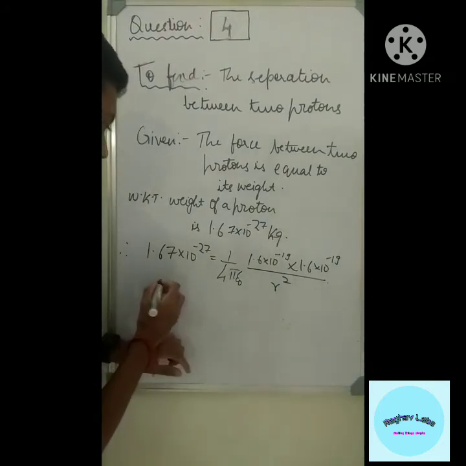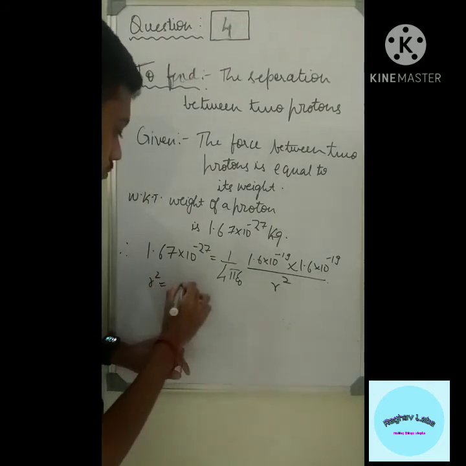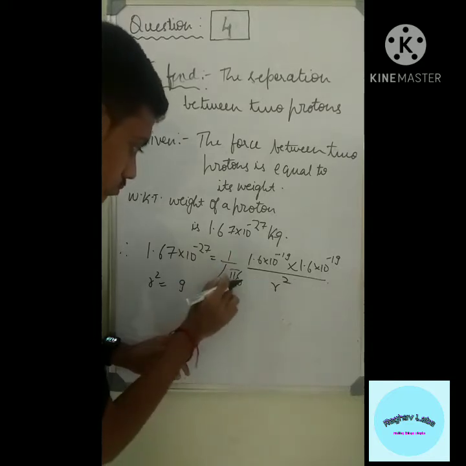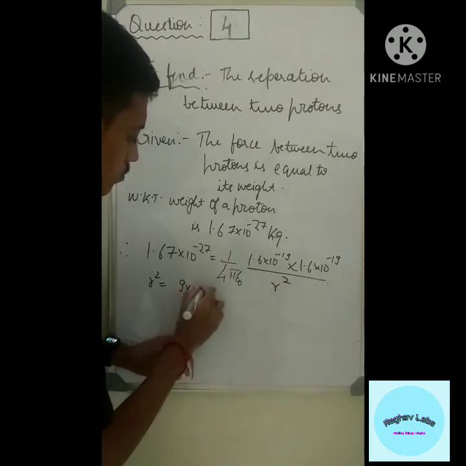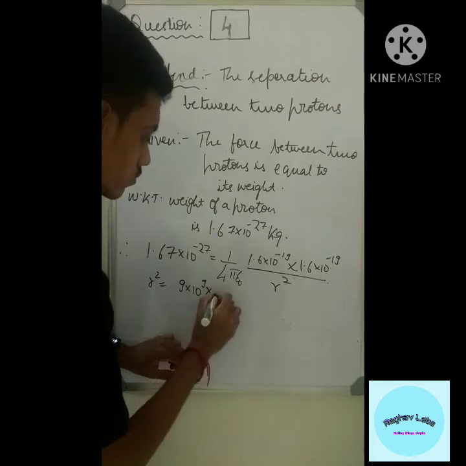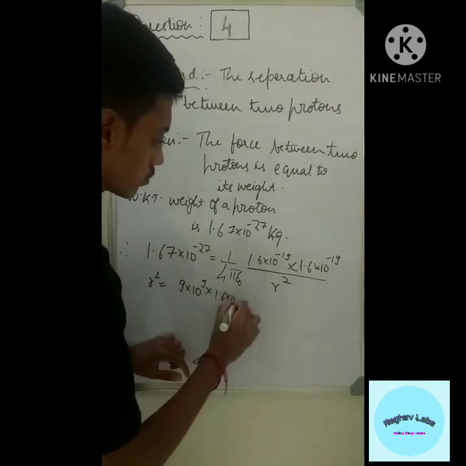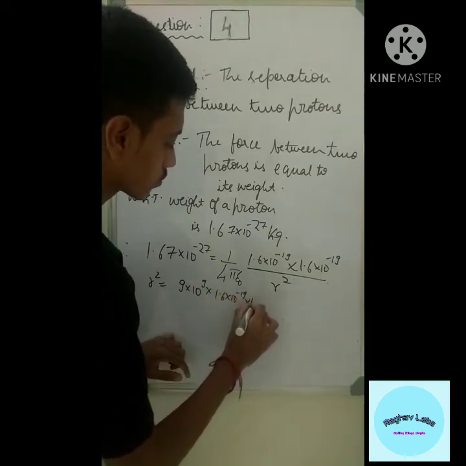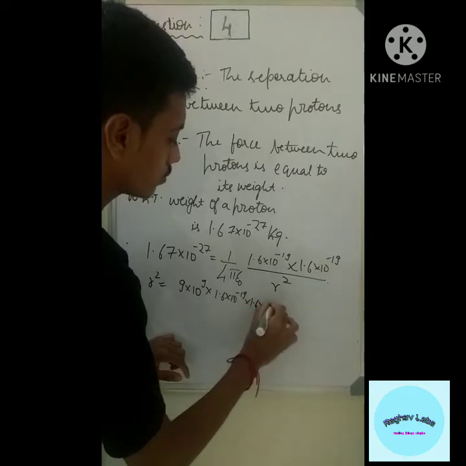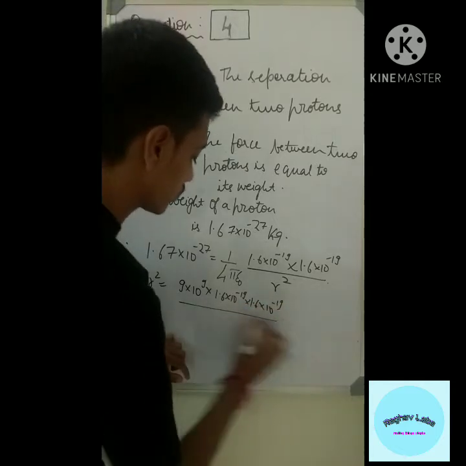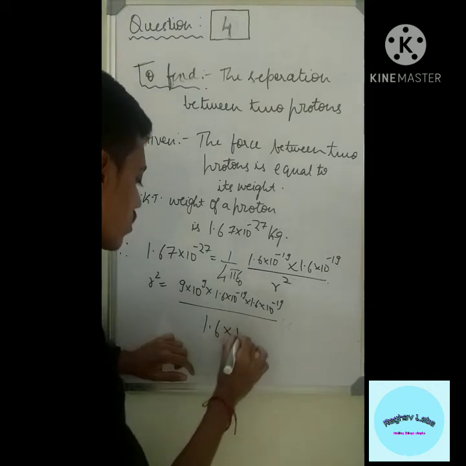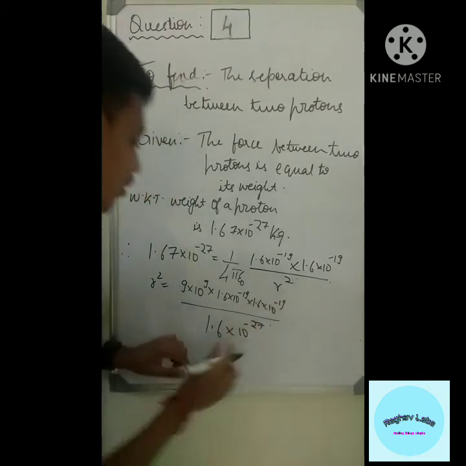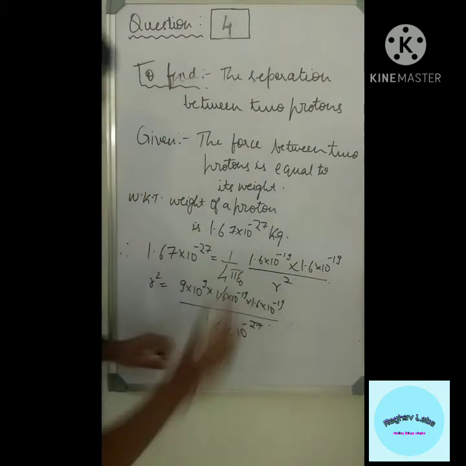So we have r square is equal to 9 into 10 to the power of 9, the value of 1 by 4 pi epsilon naught, into 1.6 into 10 to the power of minus 19 into 1.6 into 10 to the power of minus 19 divided by 1.6 into 10 to the power of minus 27.